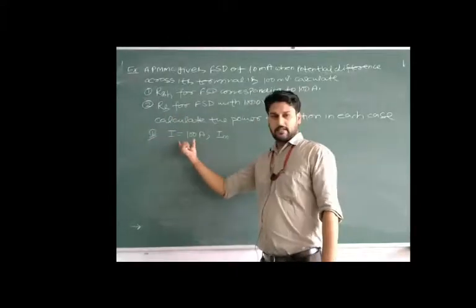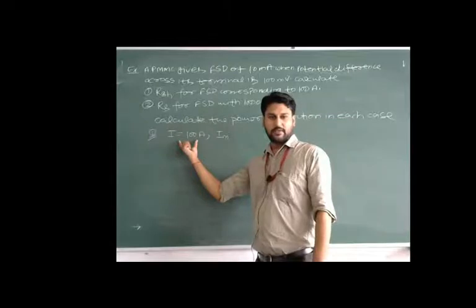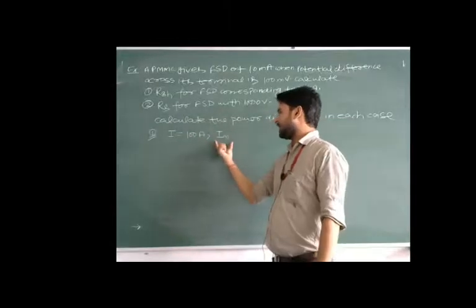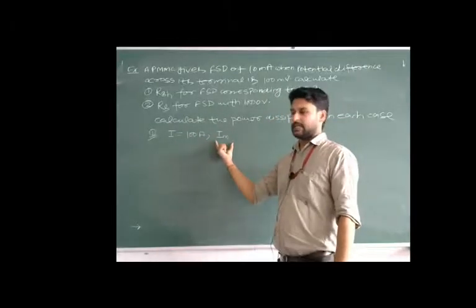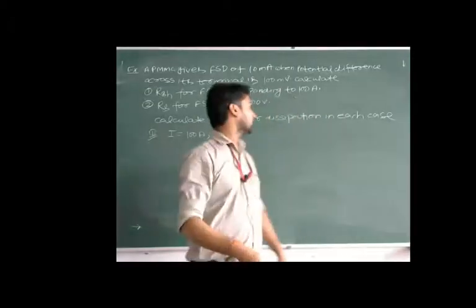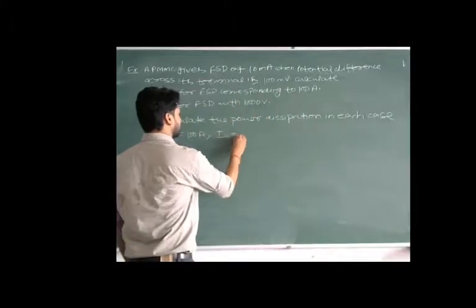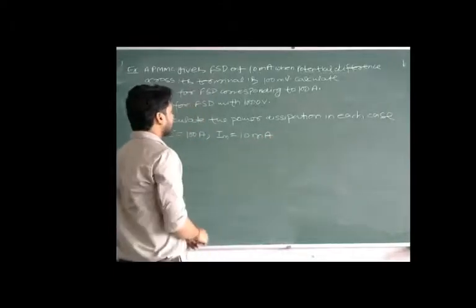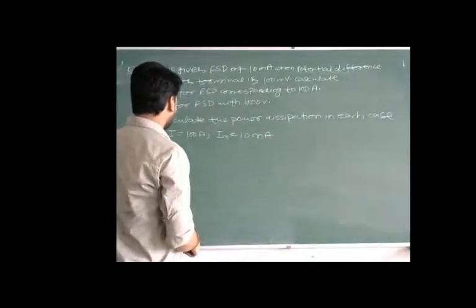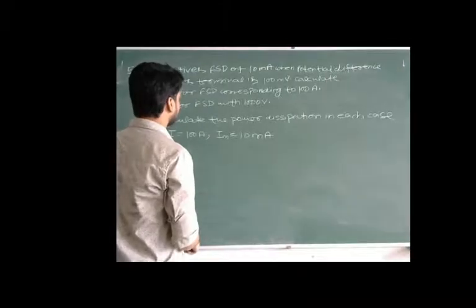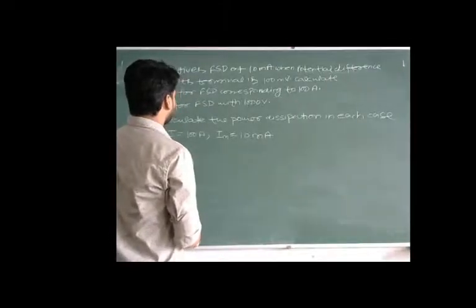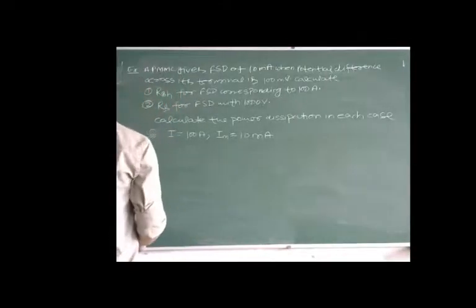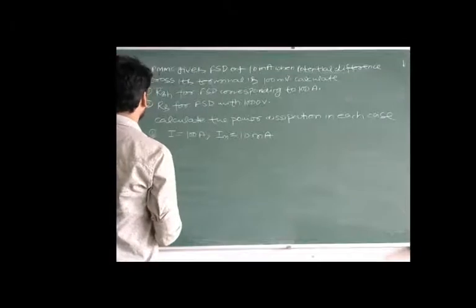The total current which I have to measure is 100 ampere. We have to calculate RSH, the value of shunt resistance, in this case.